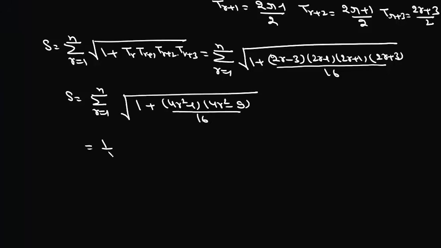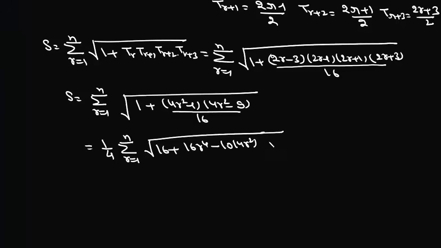Now we take 1 by 4 common and it will be summation r varies from 1 to n, and here it will be 16 plus 16 r to the power 4 minus 10 into (4r square) plus 9.